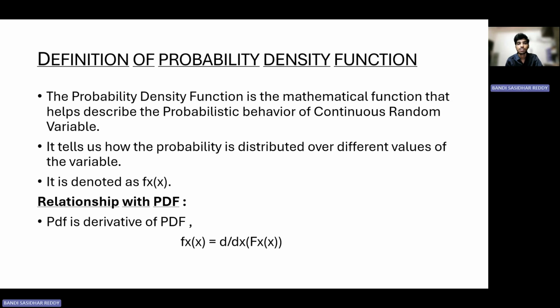Definition of probability density function. The probability density function is a mathematical function that helps to describe the probabilistic behavior of a continuous random variable. Let us assume a continuous random variable.